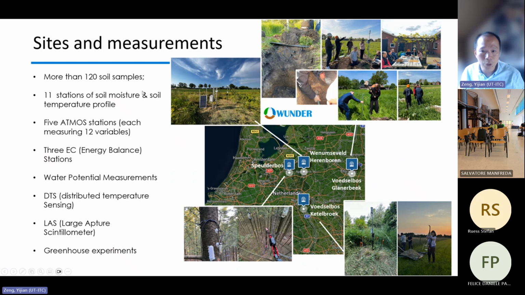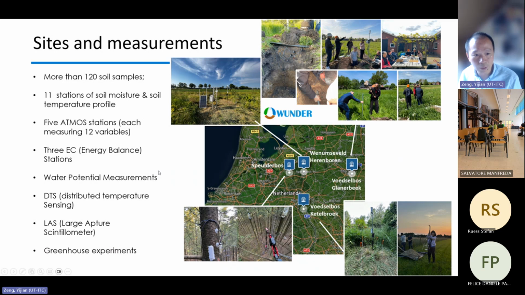In total, we actually sampled more than 120 soil samples. We want to determine soil bulk density, porosity, soil texture, and all that kind of soil properties. But we also have 11 stations for soil moisture and soil temperature profiles. And then we installed 5 so-called Atmos stations, measuring 12 meteorological variables.